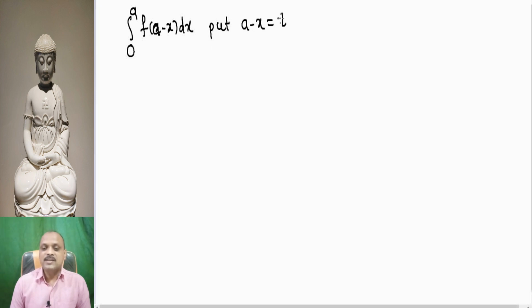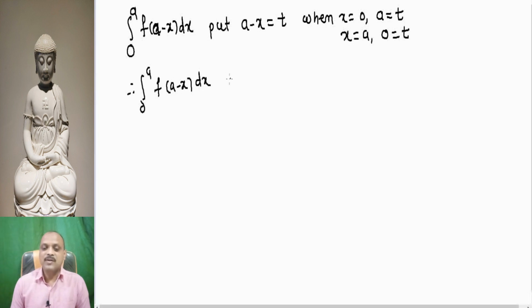When x equal to 0, we have t equal to a. When x equal to a, we have t equal to 0. Therefore, this integration 0 to a f of a minus x dx will be integration with a for the lower limit and 0 for the upper limit.